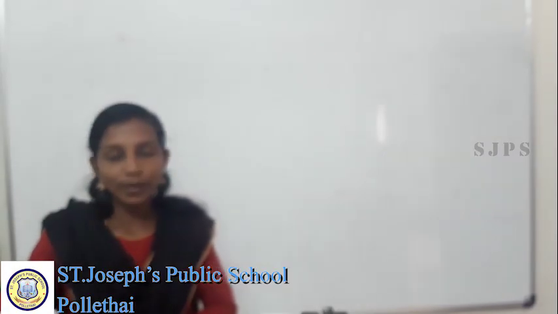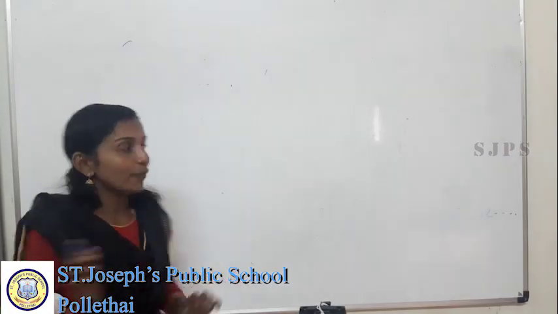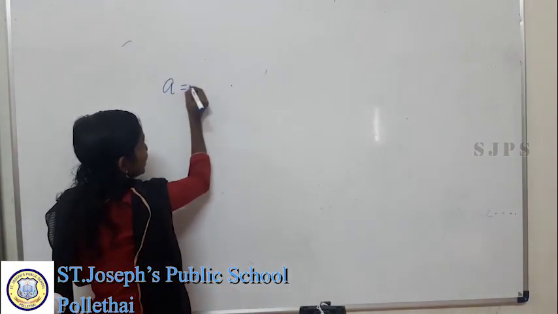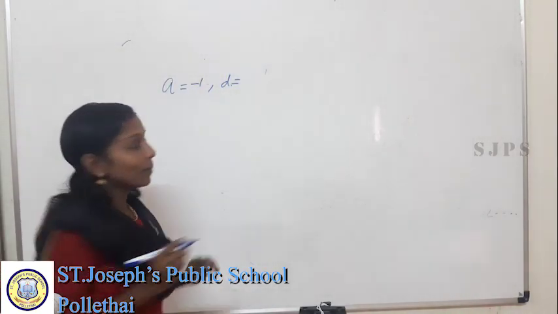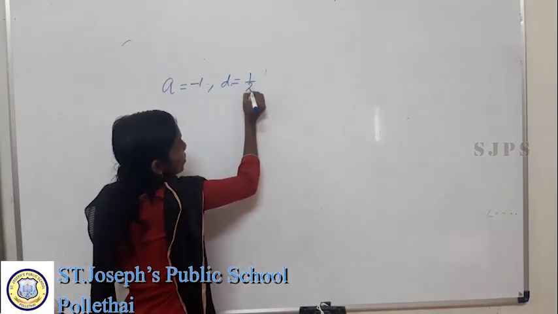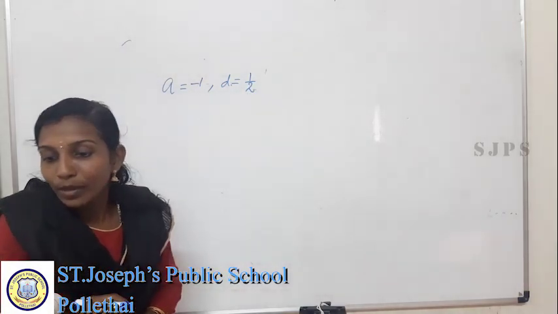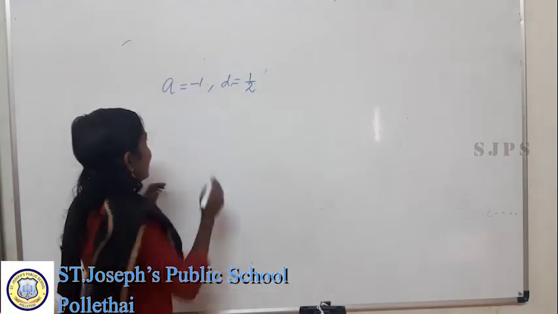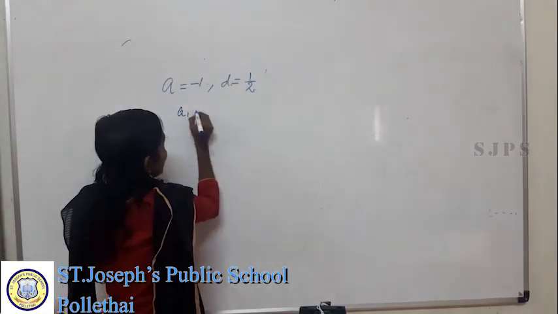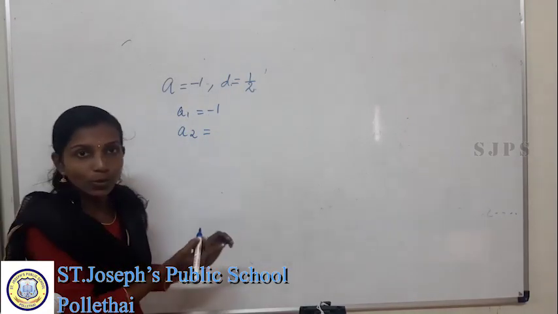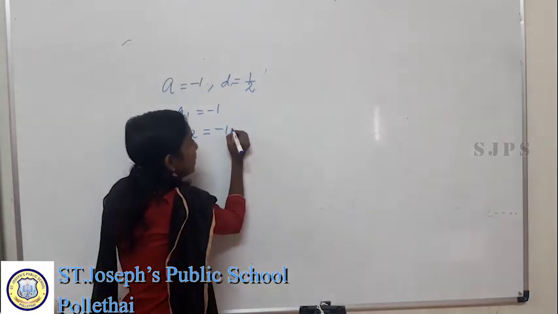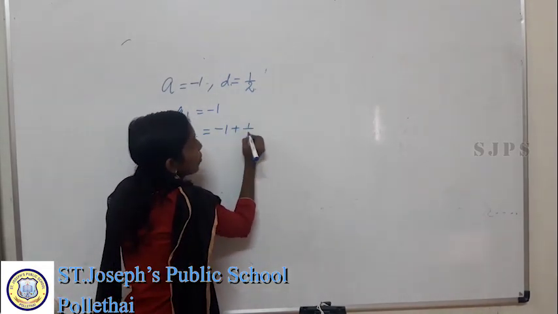Okay, next problem is A is equal to minus 1 and D is equal to 1 by 2. We want to form an AP. That's A1 is equal to minus 1, A2 is equal to minus 1 plus the common difference.